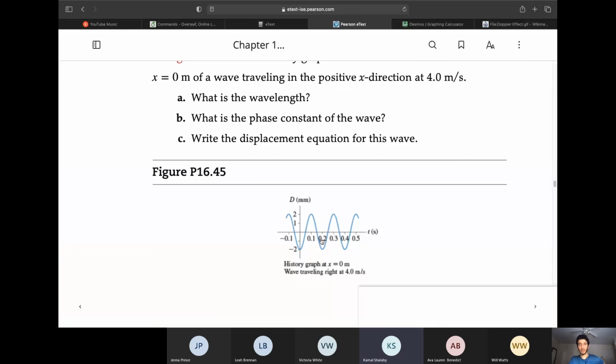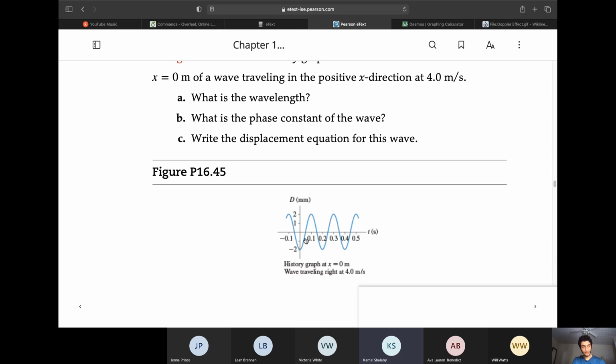Okay, so in here, what is the phase constant? Where should the wave start? The wave should start from here. So it's a little bit ahead by this amount. 3 over 2 pi. 1.5 pi.